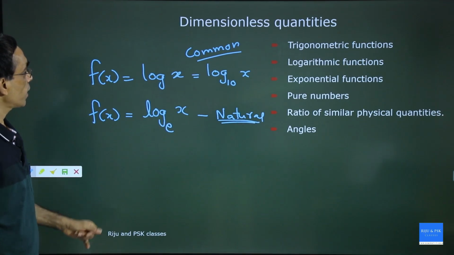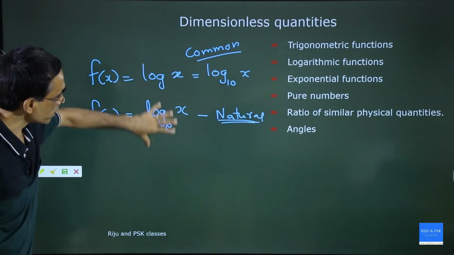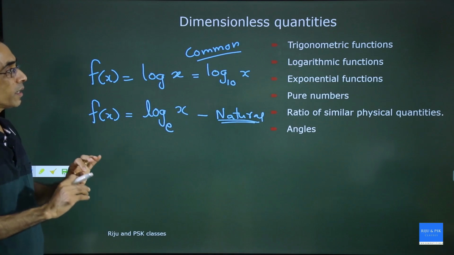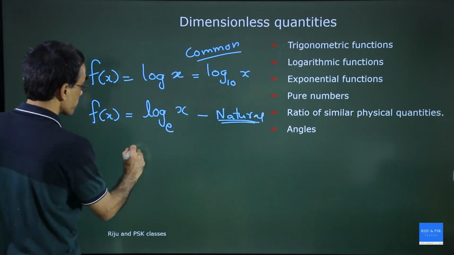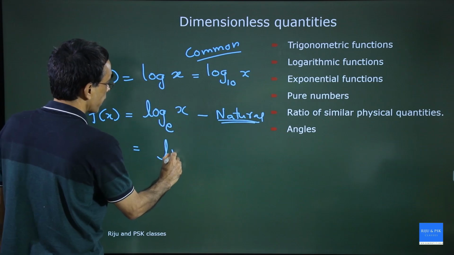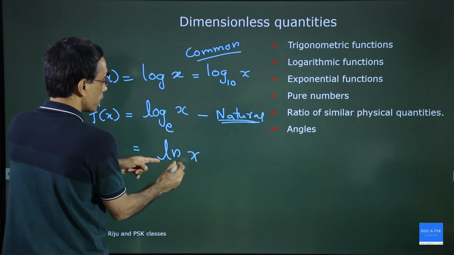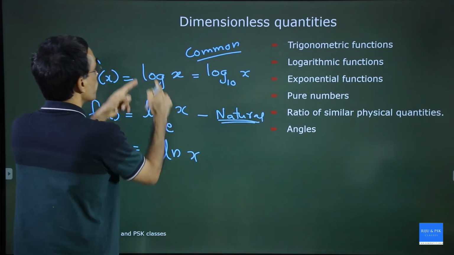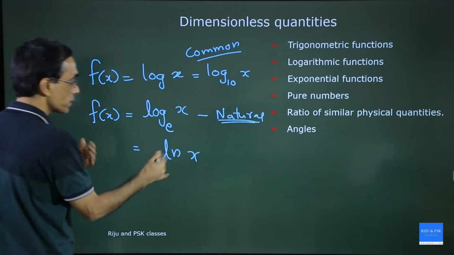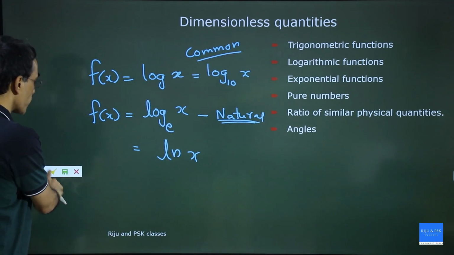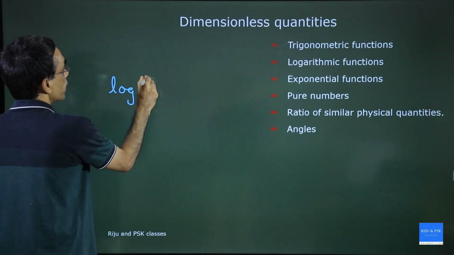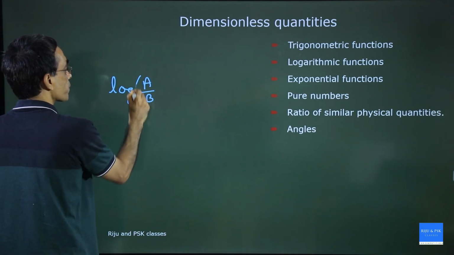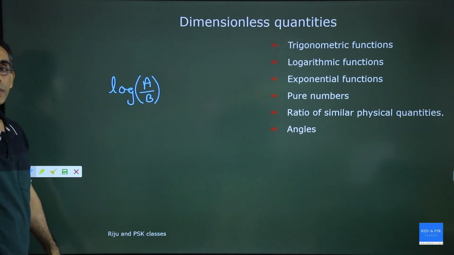Okay. Now, such functions are dimensionless. Sometimes in physics, this is also written as ln x. What is ln? N for natural, L for logarithm, natural ln x. This is also written. Fine. Now, I will tell you what it is. Suppose you get a number log of a by b.